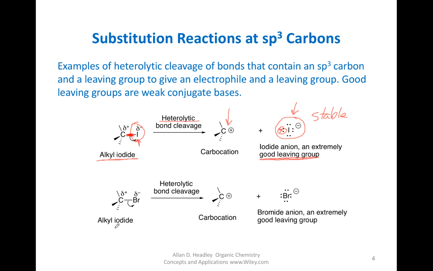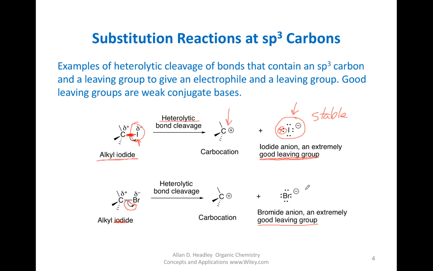Let's look at this one. This is a bromide, by the way. I'll correct that. For an alkyl bromide, which is also electronegative, if this bond is broken, as shown with this arrow, it gives here the bromide anion, which is a good leaving group, which is also stable. How do you know it's stable? Because, as you know from the acid-base chemistry, the conjugate base of a strong acid is stable.